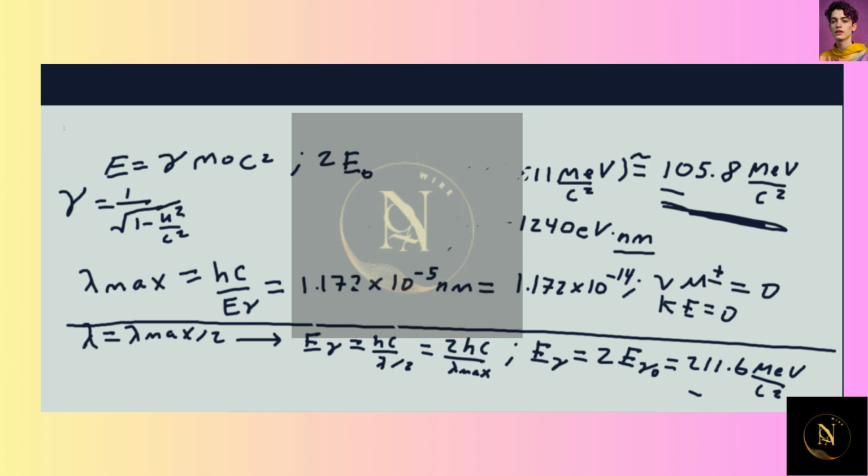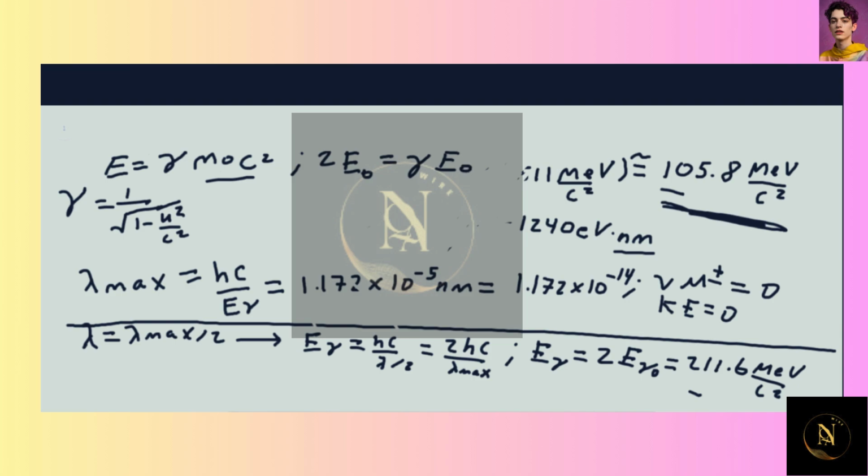So our energy is 2 times rest mass, and that's equal to gamma times rest mass.